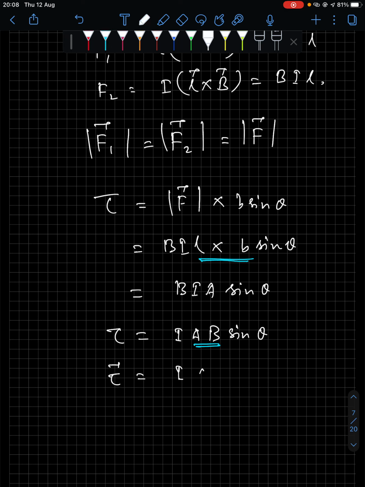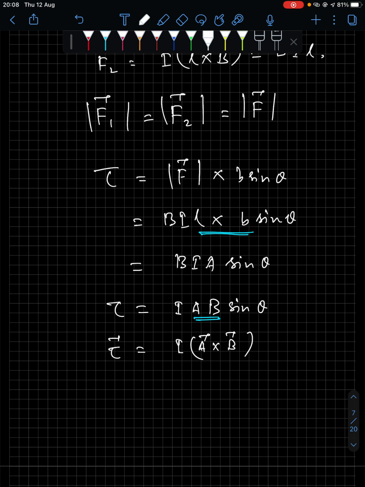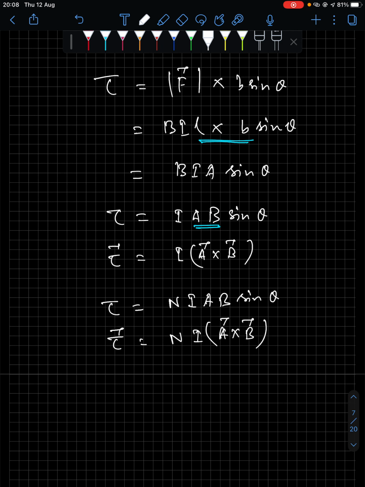So AB sin theta will be written as I A cross B. So this is the expression in vector form. Now when the coil has n number of turns, then you write tau equals N I A B sin theta. In vector form you write N I A cross B. So this is your expression.